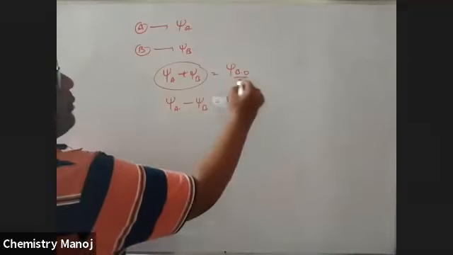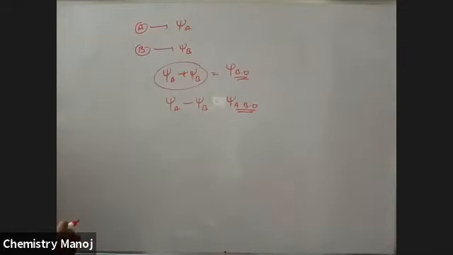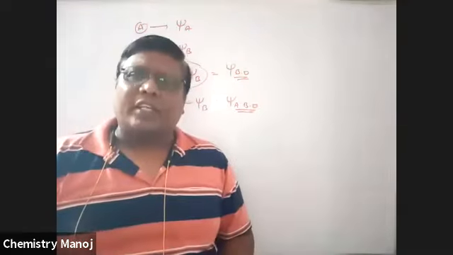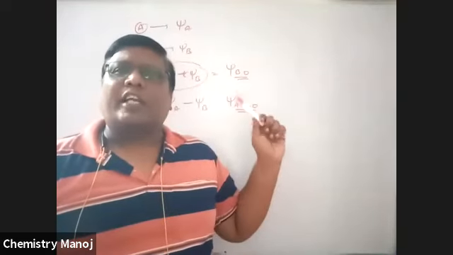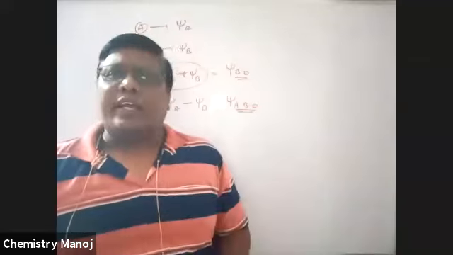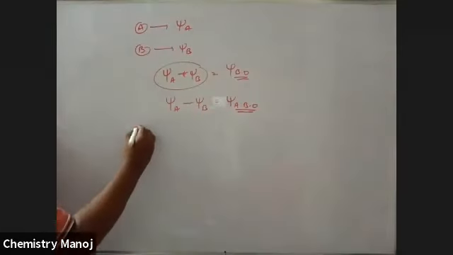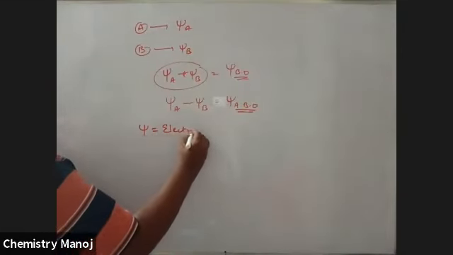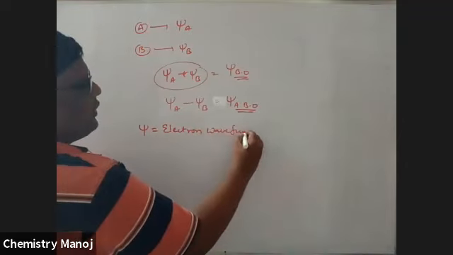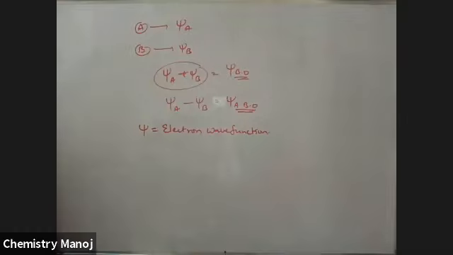That is why orbitals are added and sometimes subtracted. Psi is nothing but the wave function of the electron. We will explain this in atomic structure, which is not completed yet, so I am neglecting this concept for now and will explain it once again then.